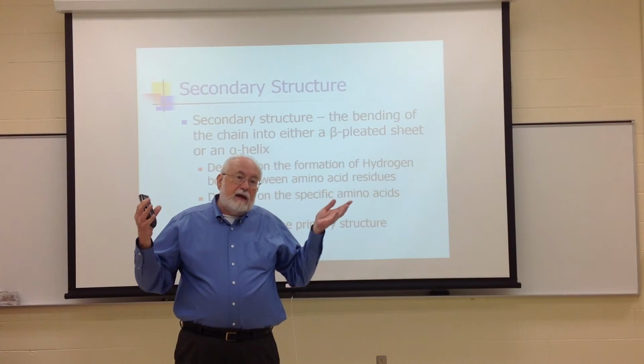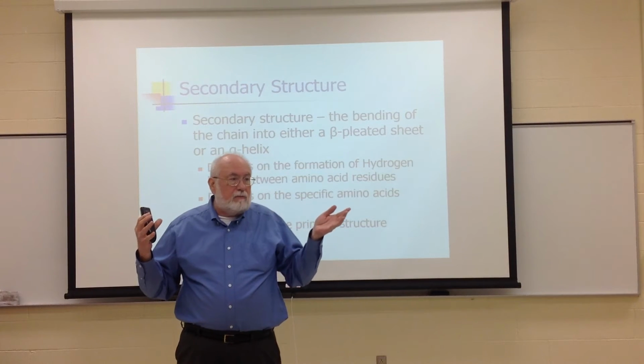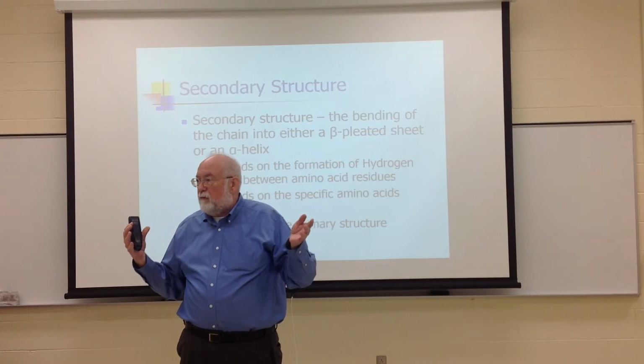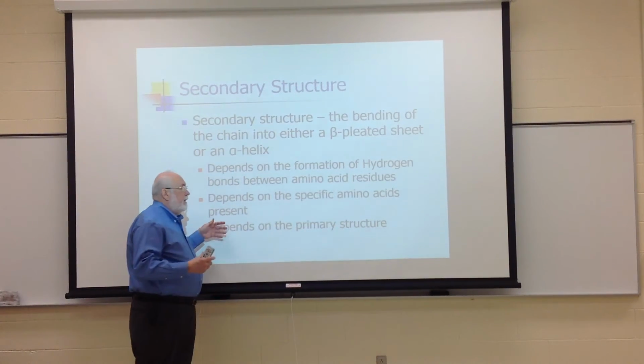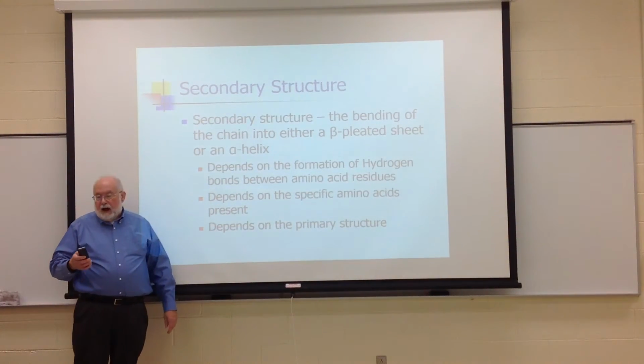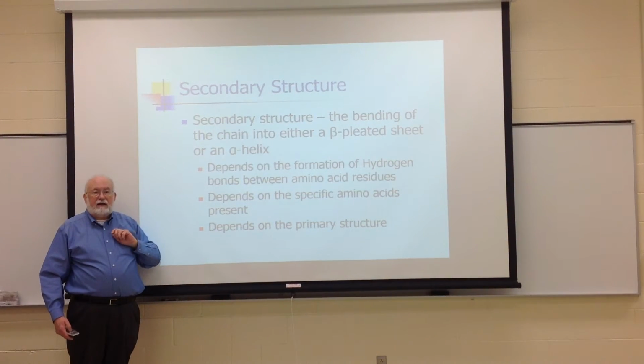Again, it depends on what order the amino acids are in, because the order they come in determines where those hydrogen bonds can form. And it's all built on the primary structure. If you change the primary structure, you're going to change the secondary.